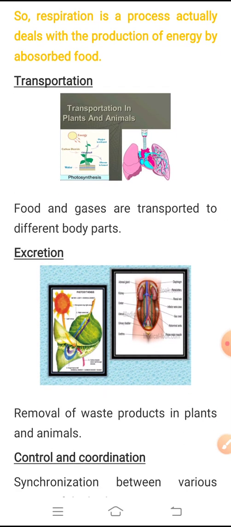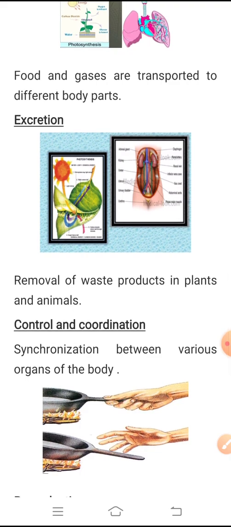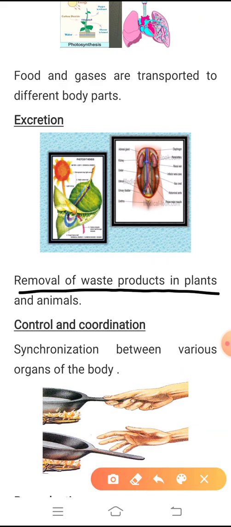Okay, now let us quickly move towards the next topic, that is excretion. What is meant by excretion? It is the removal of waste products in plants as well as in animals.